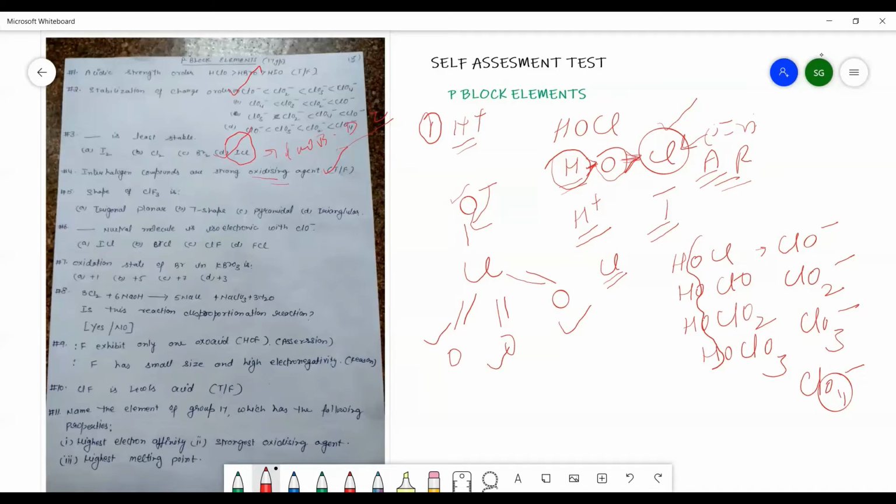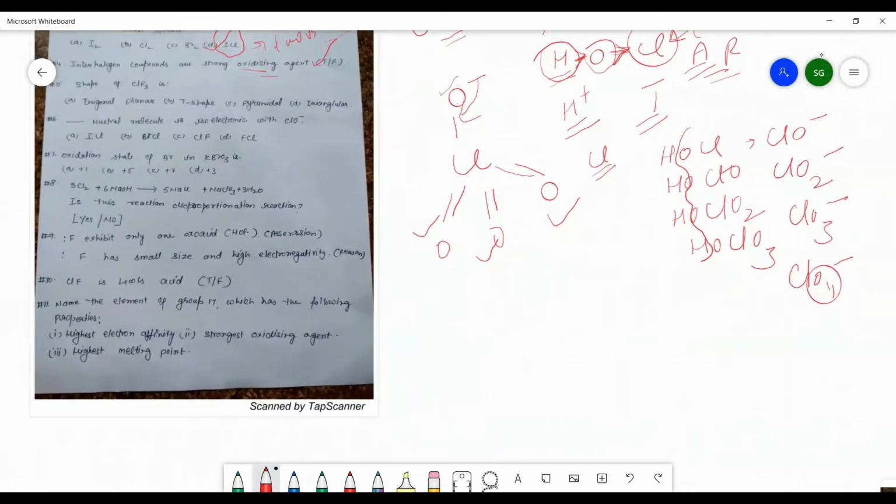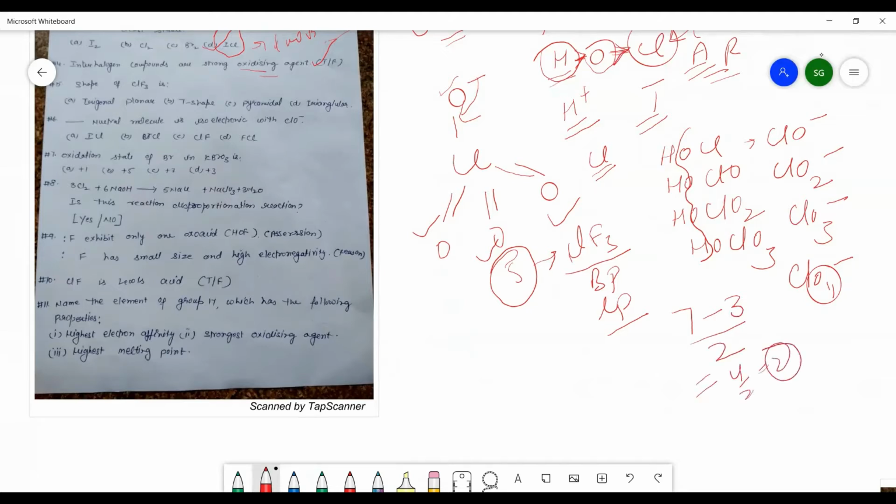Now the next question number 5 is the shape of ClF3. Whenever you are going for the shape, you must know the number of bond pairs and the number of lone pairs. When you see ClF3, the Cl has 7 valence electrons. So the 3 bond pairs are there, divided by 2, you will get 4 by 2, that is 2 lone pairs of electrons and 3 bond pairs of electrons.